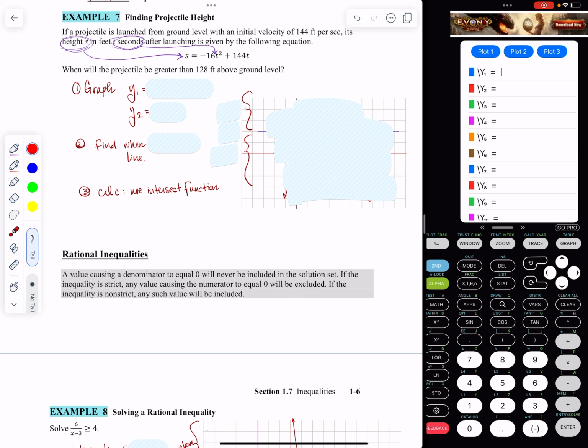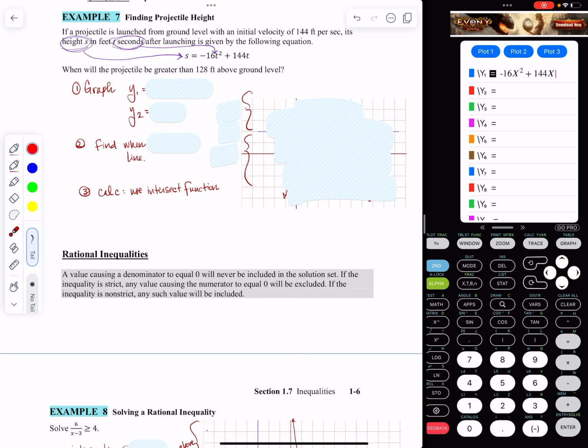Make sure that you use the negative that's below the 3. So negative 16, and instead of a t, use your x button. Your x button is right underneath the mode button. Negative 16 x squared. The squared button is catty corner or diagonal from the 7. So negative 16 x squared plus 144 x.